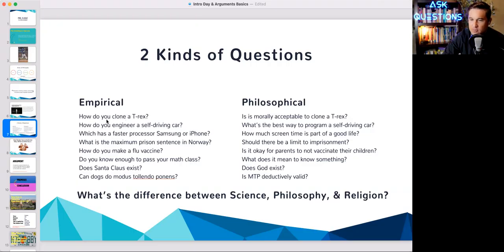So compare the how do you clone a T-Rex question to this question that's similar but different. Is it morally acceptable to clone a T-Rex? Is this a good idea? Not just asking like, is it legally good or legal, but is this good in a deeper sense? Is this good for us, for humanity, for the world? Does this make the world a better place?